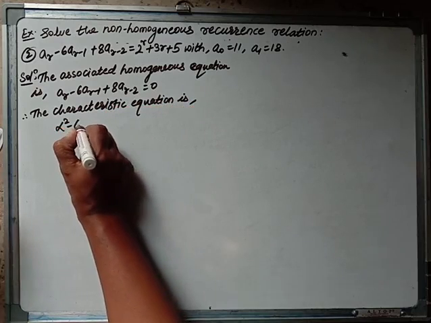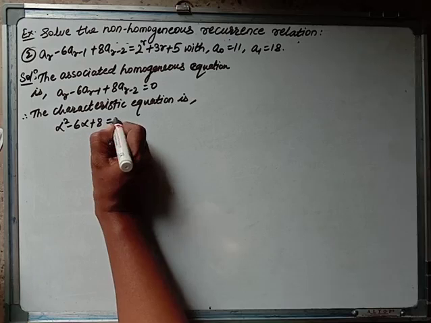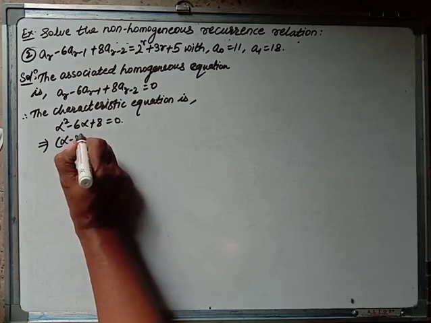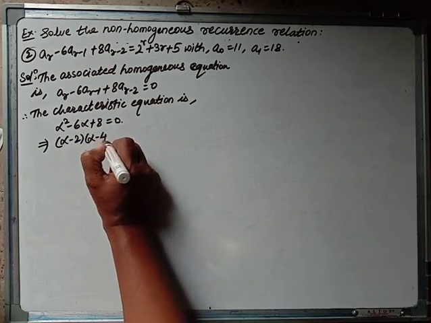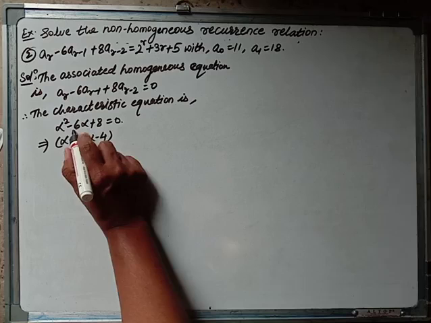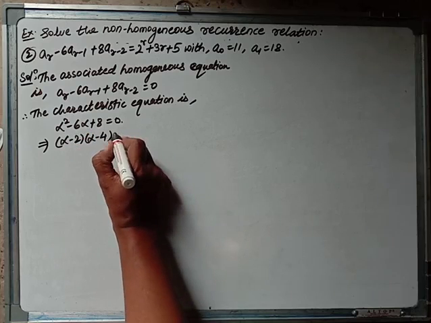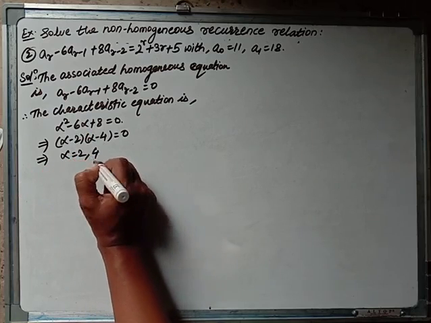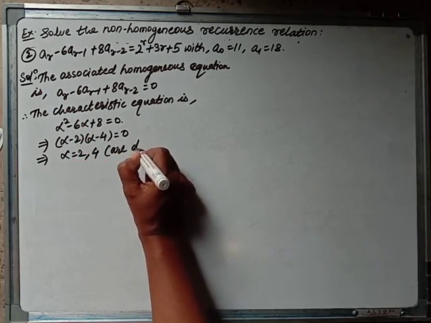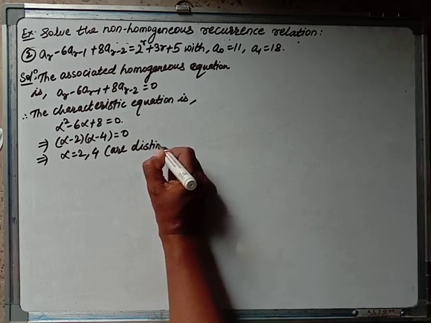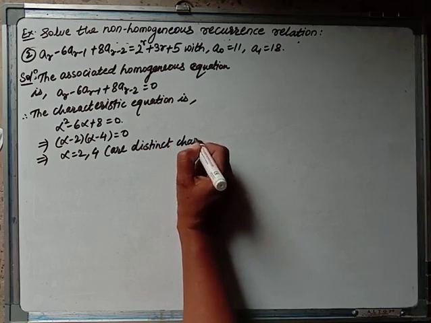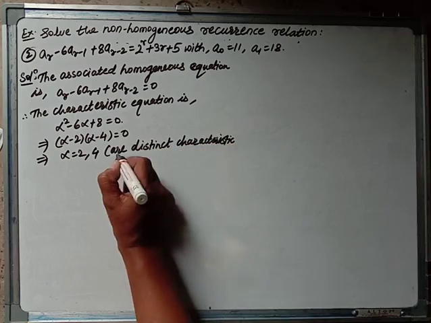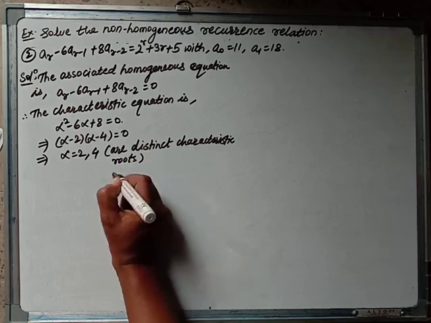alpha square minus 6 alpha plus 8 is equal to 0. Now if we find the roots of it, the factors are alpha minus 2 and alpha minus 4, because the product should be plus 8 and the sum should be minus 6. So now we get alpha is equal to 2 and 4, which are distinct characteristic roots.